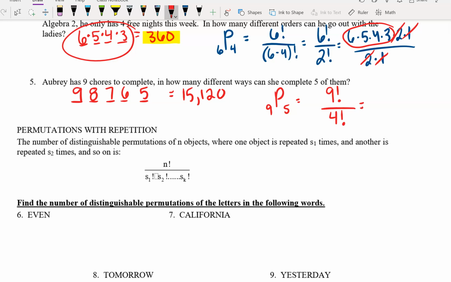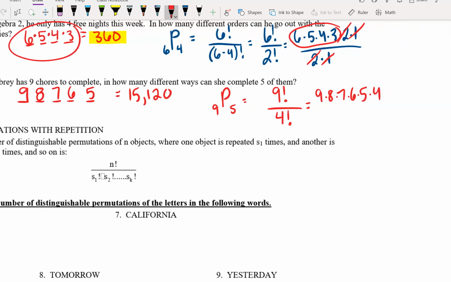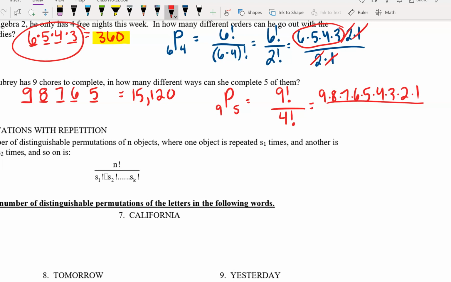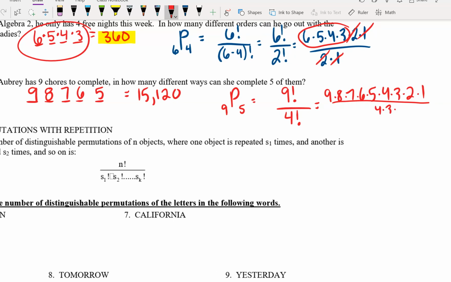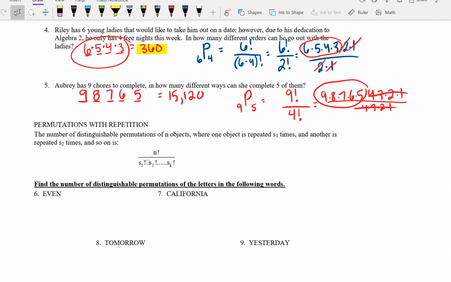So this will be 9 times 8 times 7 times 6 times 5 times 4 times 3 times 2 times 1 over 4 times 3 times 2 times 1. These all cancel, and we're left with the same thing that we had using our first method.